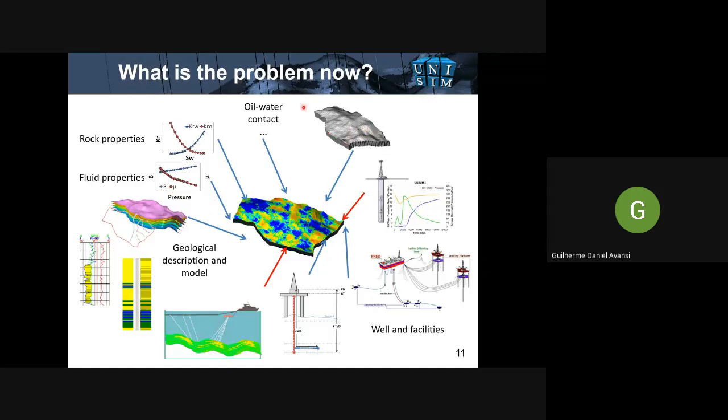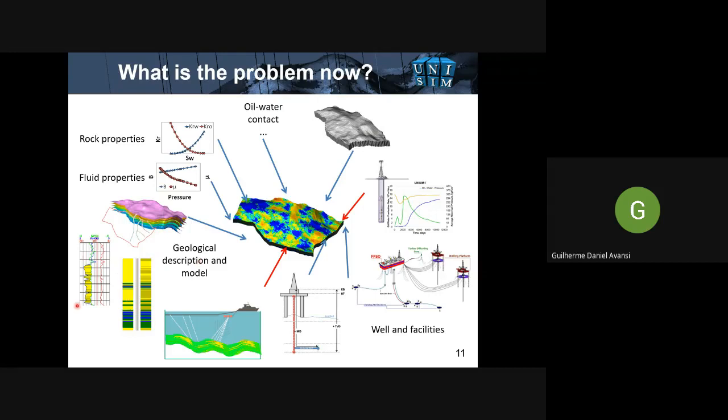Just to remember, we build this grid, and this grid has several cells, several grid blocks. With this information, I also present the limits. We have the different tops inside the reservoir, and different faults here. You can see the internal faults and also the limits.